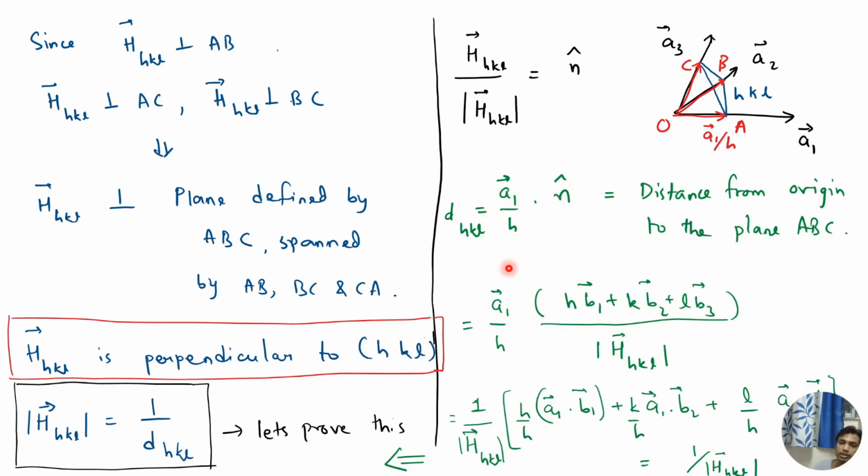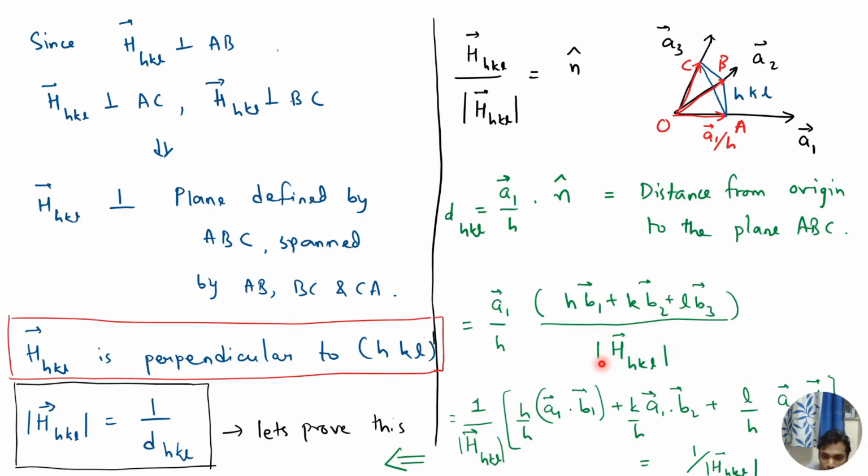It is just the mathematical form of the statement that I told. Now a1 by h dot n, what is n? N is nothing but h of hkl divided by its magnitude. What is h of hkl? It is h b1 plus k b2 plus l b3. So this is the definition of n.